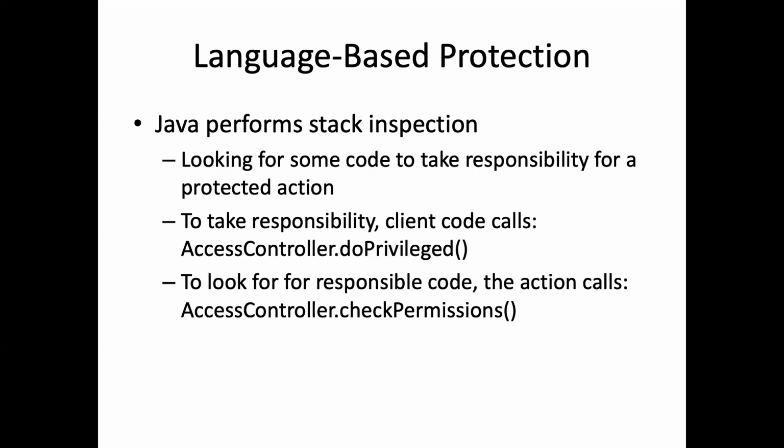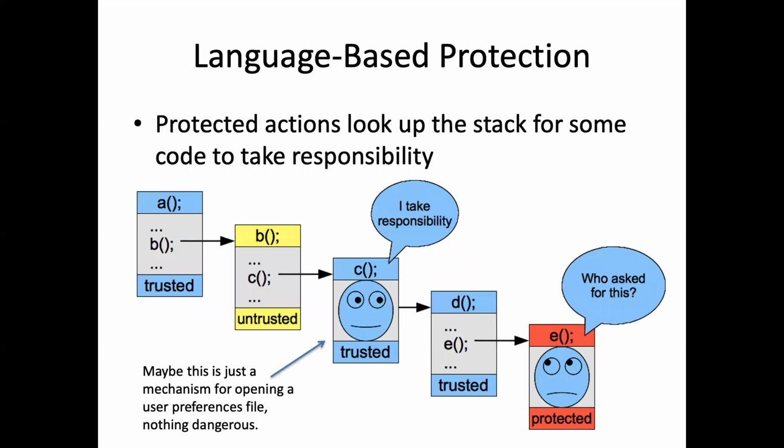Within that subroutine, if you're about to open a file that you wouldn't want untrusted code to be able to open, there's a way of checking to see if there is trusted code that is willing to take responsibility for that operation. And that's what I've tried to illustrate in this picture.